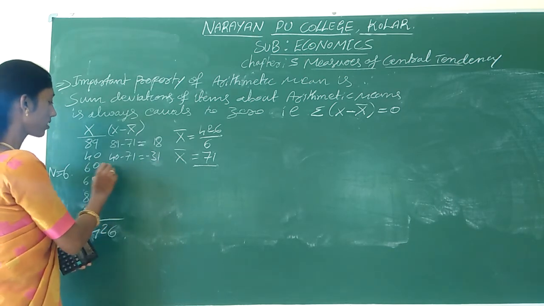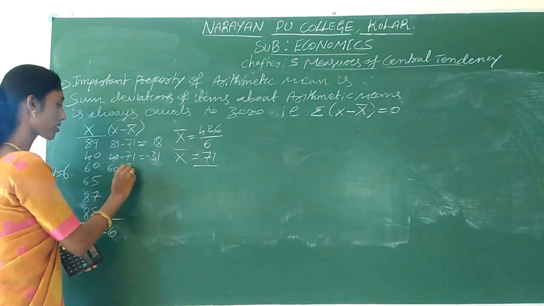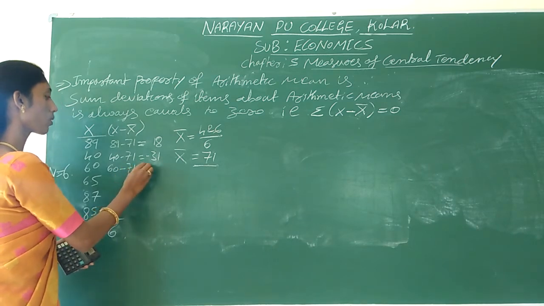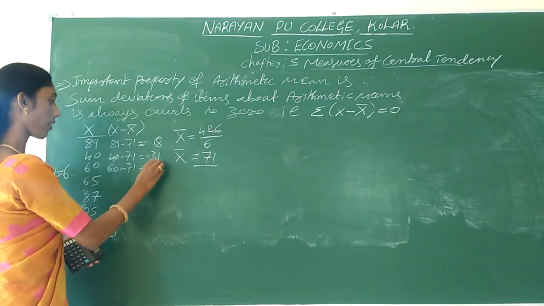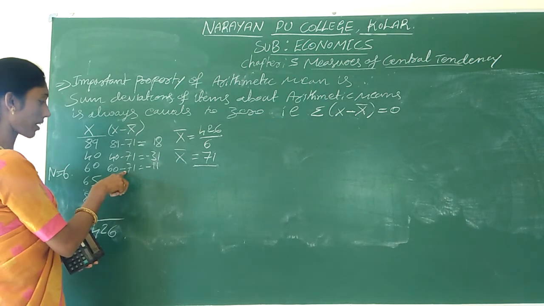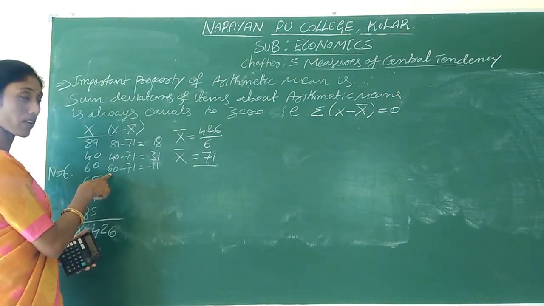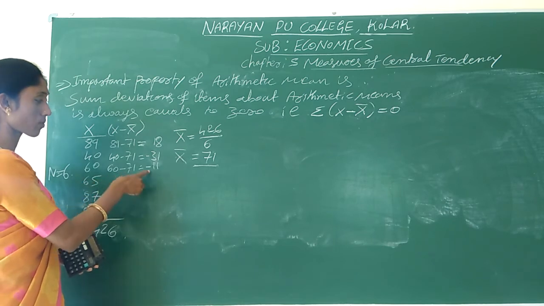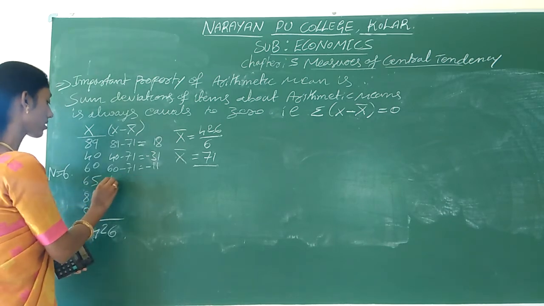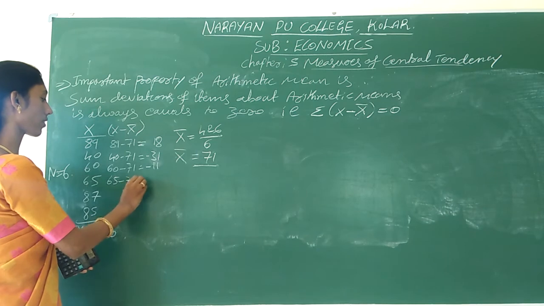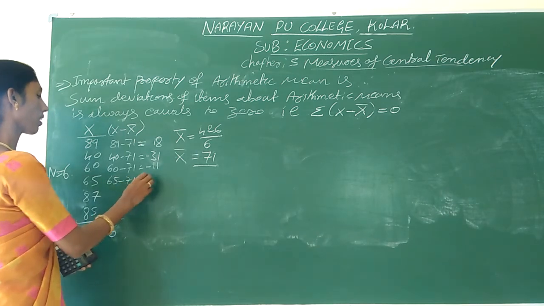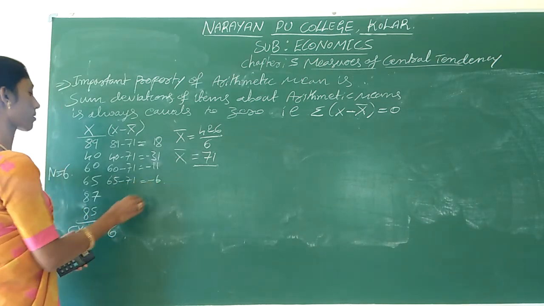Minus 31. 60 minus 71 is equal to minus 11, because 71 is larger, so the sign will be minus. Then 65 minus 71 will be minus 6.